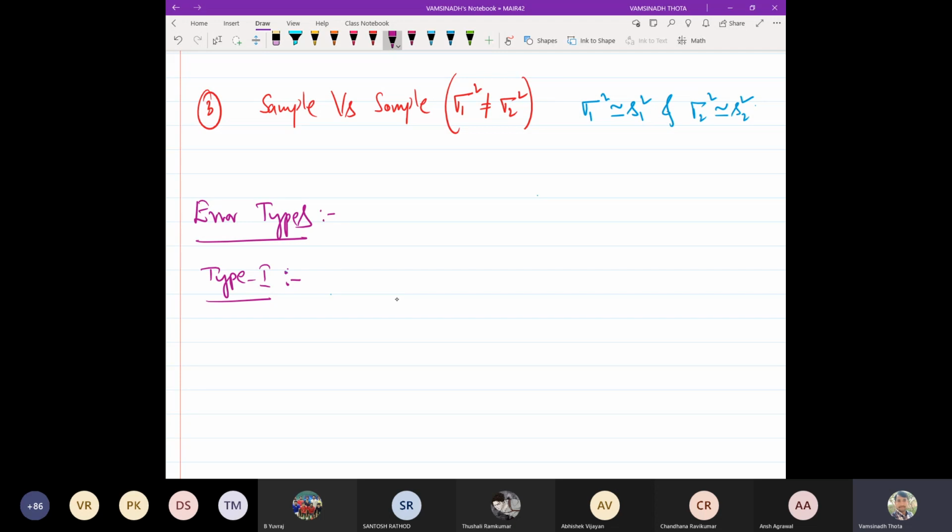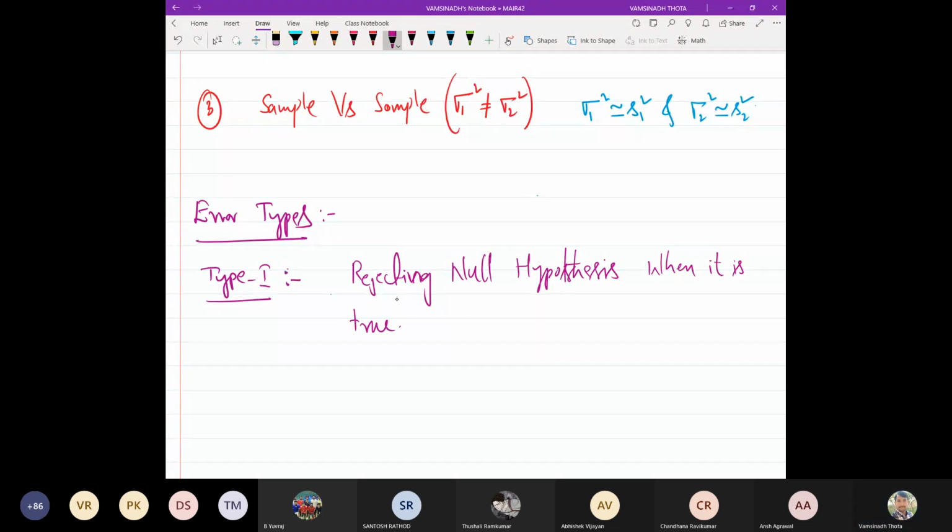Type 1 error generally represents rejecting the null hypothesis when it is true.